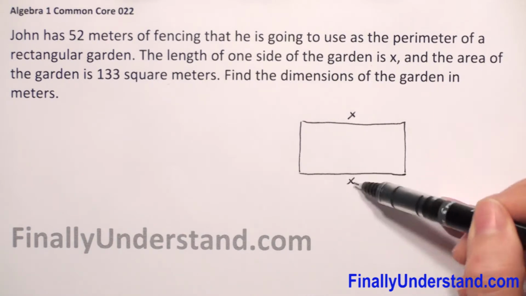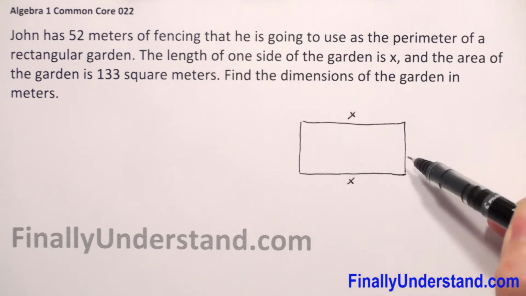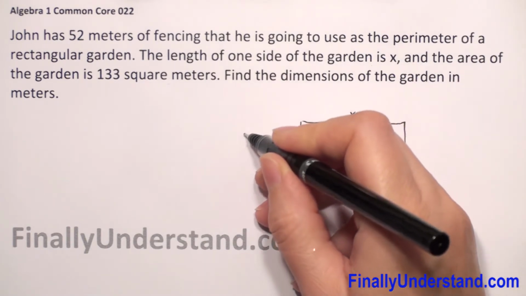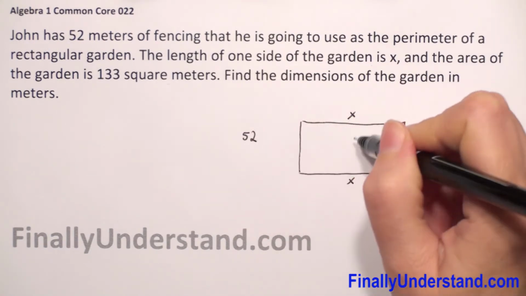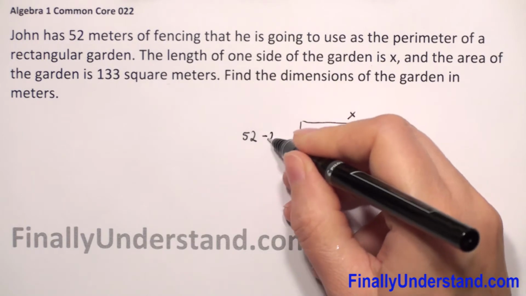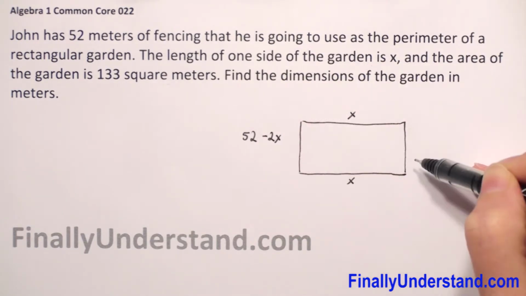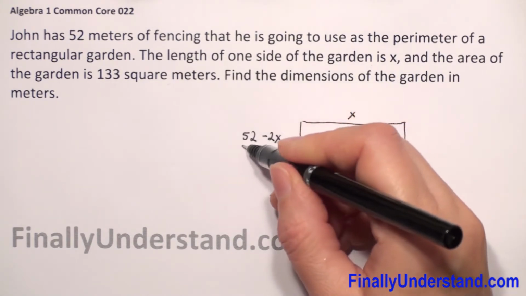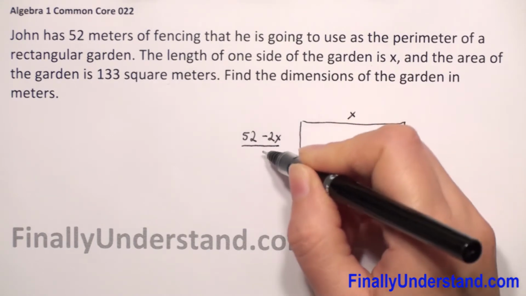If these two sides are x and these two sides are the same, what will be the length of this side? We have 52, from which we have to subtract these two sides, minus 2x, and because we have two equal sides, we have to divide this segment by 2.